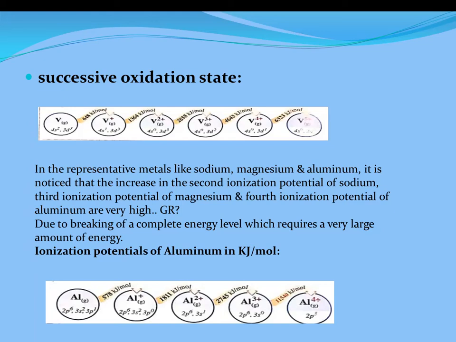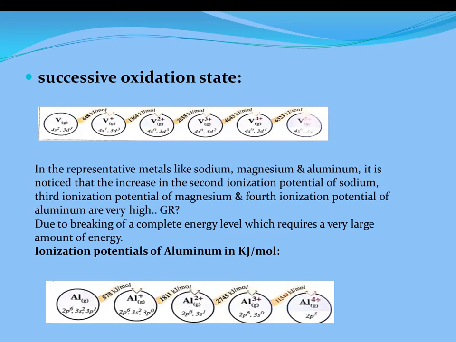From positive 2 to positive 3, it needs 2858 kilojoule per mole. From positive 3 to positive 4, it needs 4643. From positive 4 to positive 5, it needs 6523. So as the oxidation number increases, the value of the ionization potential increases.